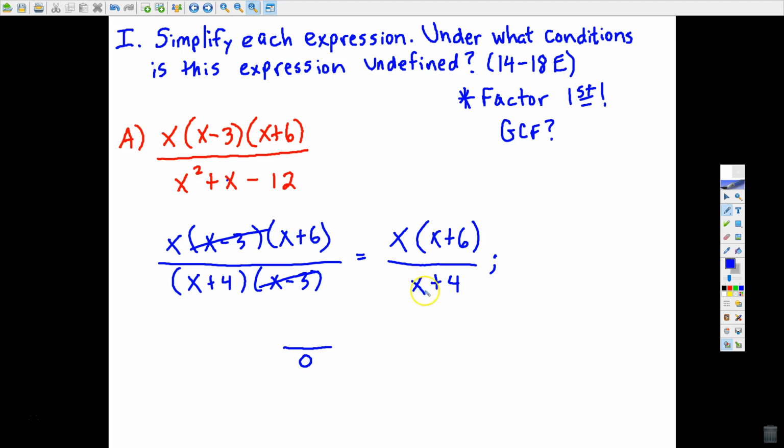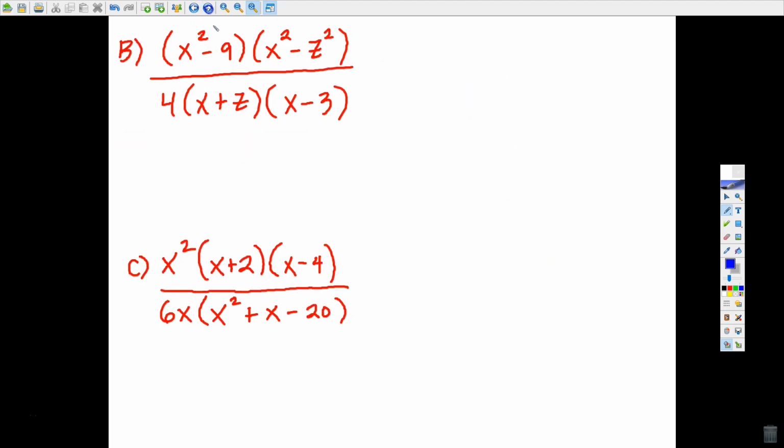Hopefully you're saying to yourself, well, that would be negative 4. So the condition under which this would be undefined is that x cannot be negative 4. We have to prevent x from being negative 4, or else we will have an undefined expression. So that's the kind of thing you're going to do on 14 through 18 even.